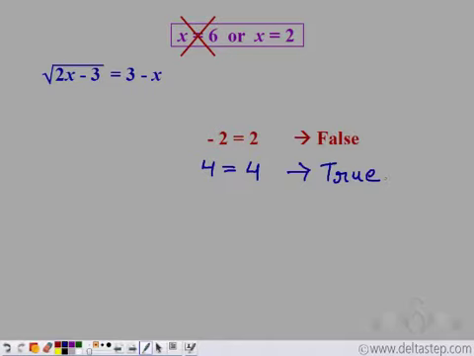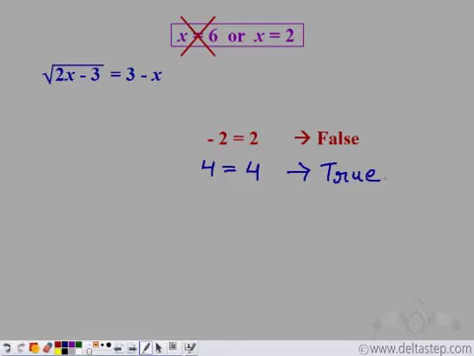So x equal to 6 and x equal to 2 are the solutions obtained after squaring both the sides of this equation. So x equal to 6, which is an incorrect solution or a false solution, it became true when we squared both the sides of this equation.